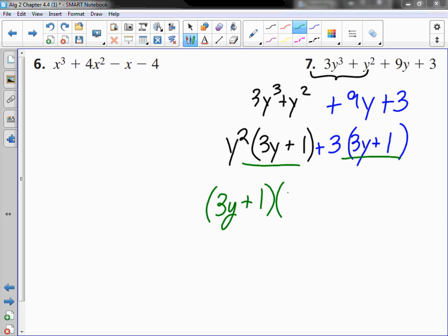Times, what would we have? Okay, we'll get there in a second. Are there any questions on anything we did for this here? Is this factored completely? So y squared plus 3, can we factor it?